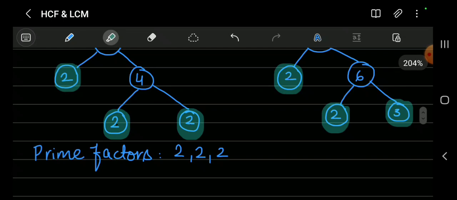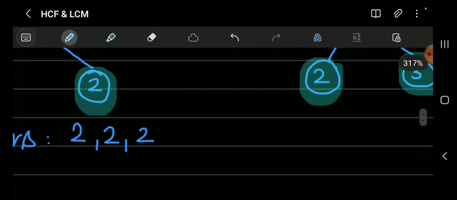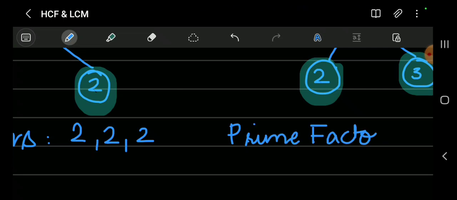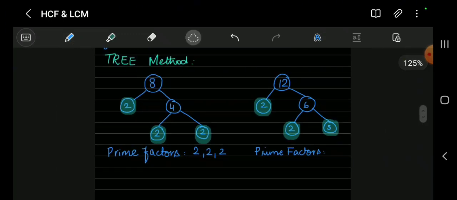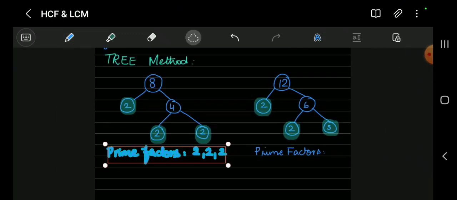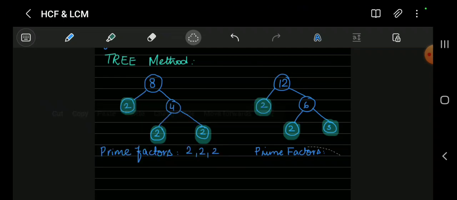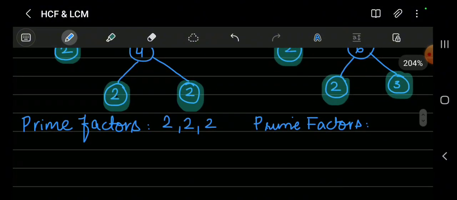So our prime factorization ends here. So now you will write prime factors as 2, 2 and 3.